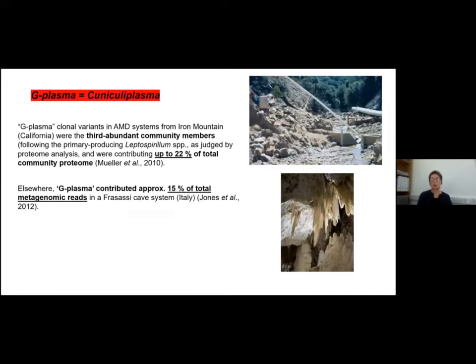And Cuniculiplasma is actually G-plasma, and earlier these G-plasma sequences were shown to be the third most abundant community members in Iron Mountain metagenomes, contributing up to 22% of total community proteome. Another place, a cryosphere system, also showed very high representation of Cuniculiplasma, about 15% of total metagenomic reads in the metagenome.